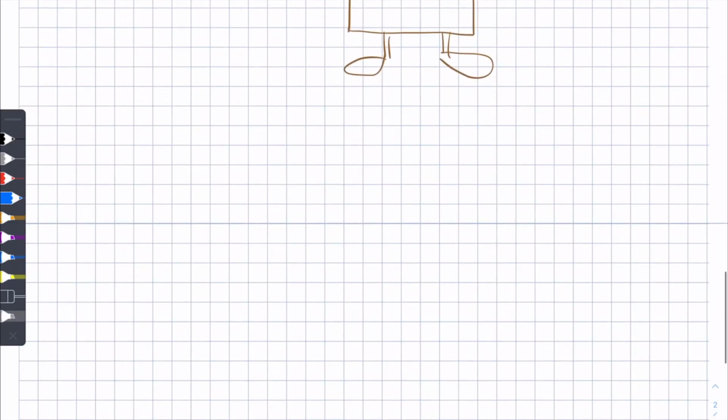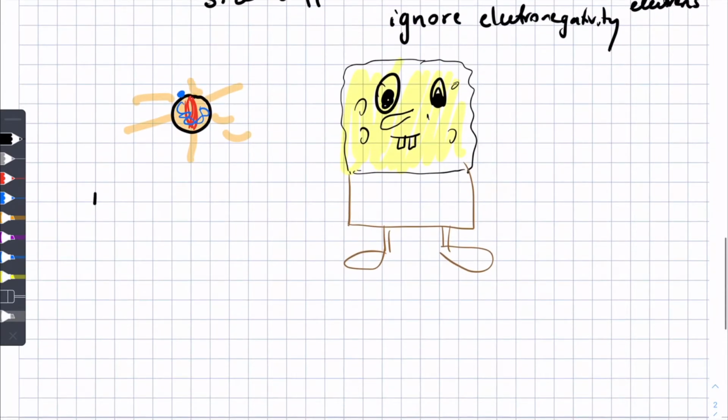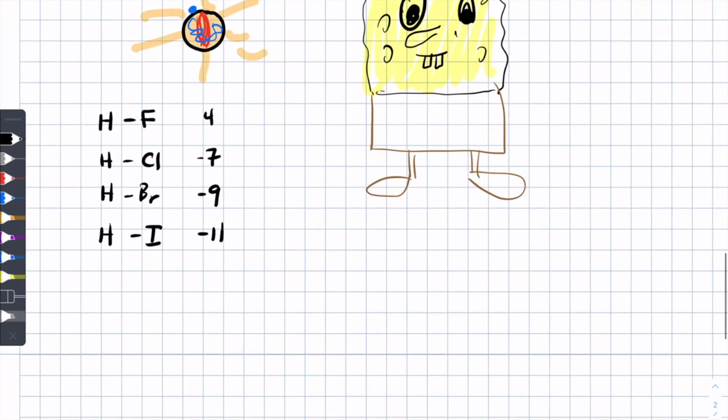So that will explain why, as an example, if you compare HF versus HCl versus HBr versus HI down the periodic table, we are least acidic at the top and get progressively more acidic as we get to the bottom, and it has to do with the size of the conjugate base.